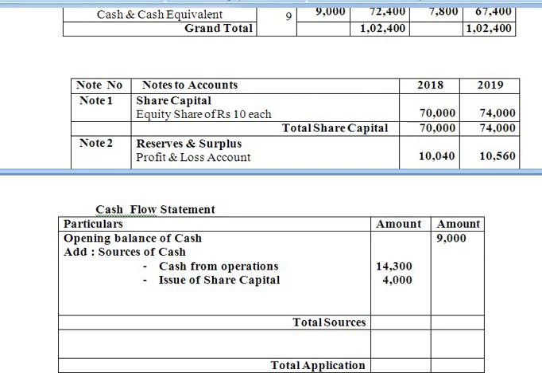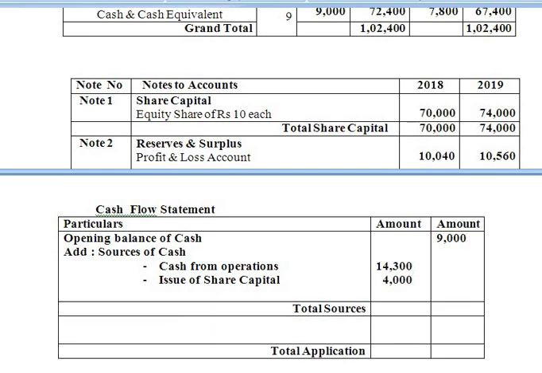Okay, we don't have any other sources of cash, so directly we can make the total of sources and take it in the outer column. So 14,300 plus 4,000 is equal to how much? 18,300. Okay, so 9,000 plus 18,300, total is 27,300.